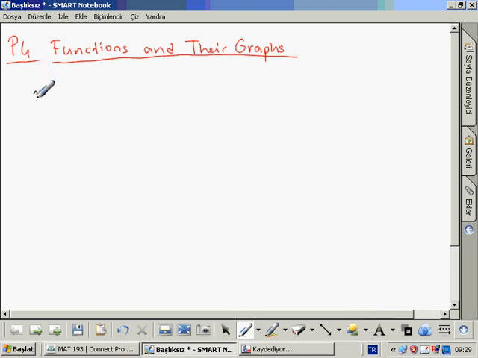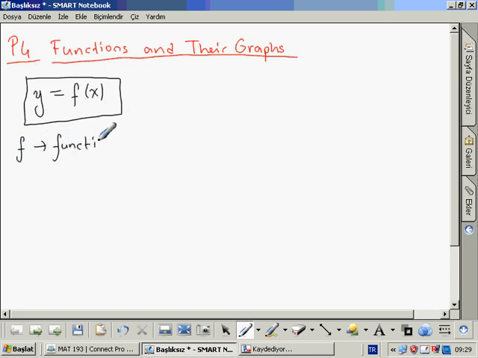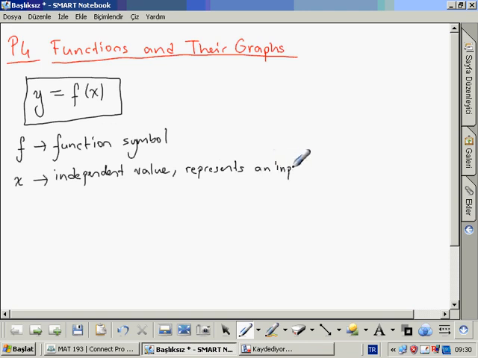Okay, and the y equals f of x, and the f, as you know, is the function symbol, and the x is the independent value, and it represents an input value from the domain of f.